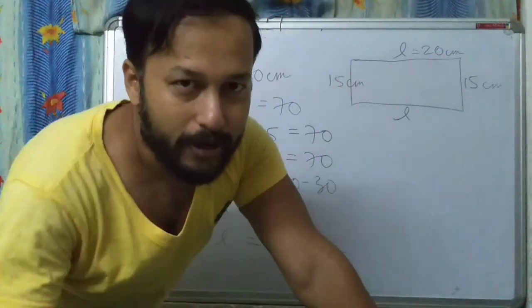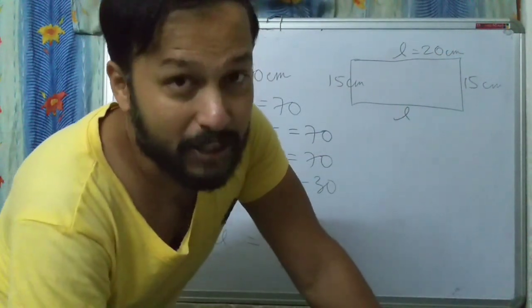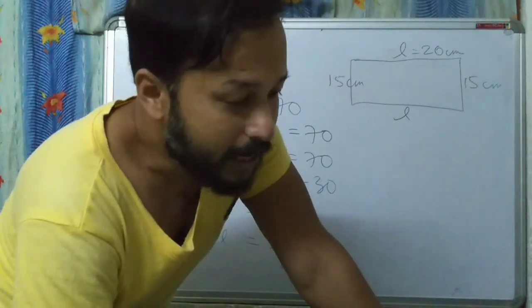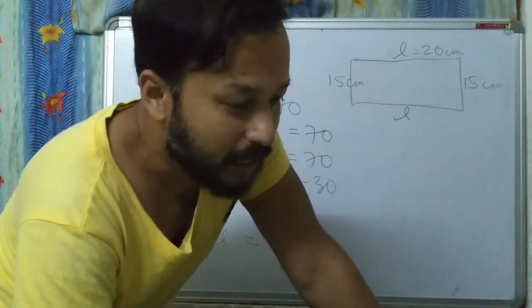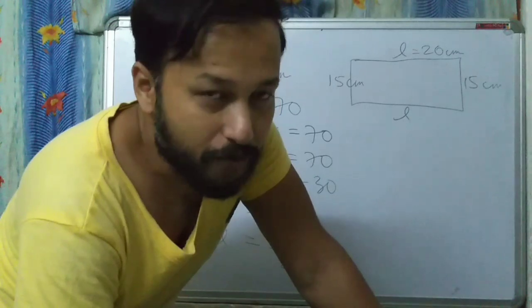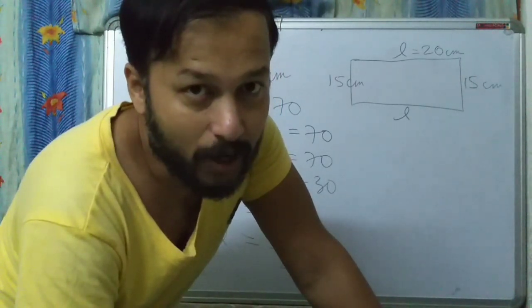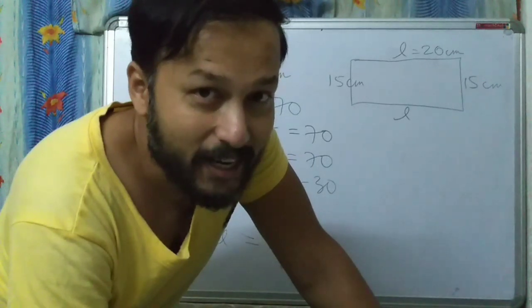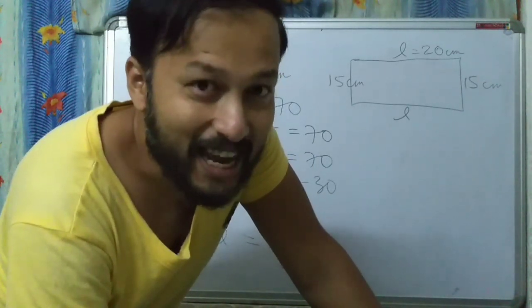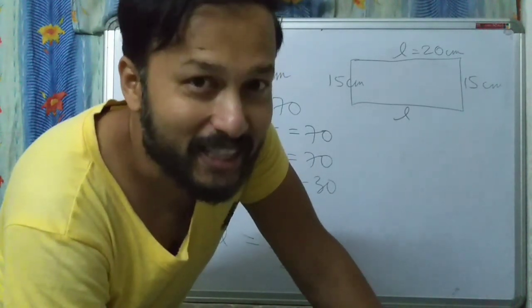Fine. So now we know the length, and breadth is already given in the question. Now the question is not finished yet. See the next part. Also find its area. We have to find the area of this rectangle. What is the formula to find the area of the rectangle? Yes, length into breadth.